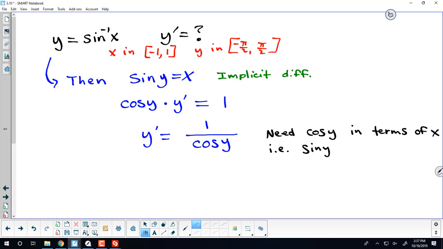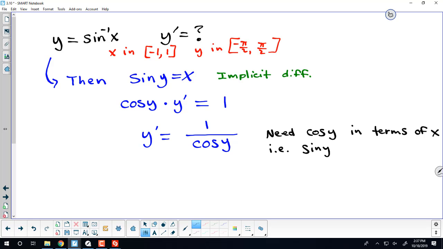Not derivatives. We wouldn't want to involve another derivative here. There's a famous old mathematician who has a theorem named after him. Pythagoras. The Pythagorean identities relate sine and cosine together.